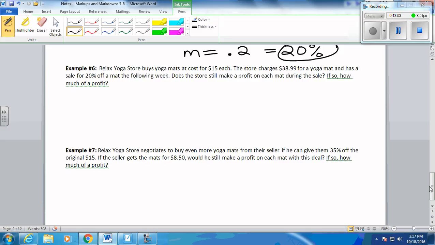So again, we talked about that if something is on sale for 20%, then you're actually going to pay 80% of the original. If we go back to our first set of notes on 3-1 talking about the percent equation, of the original meant we were multiplying by the original price. So if I use this y equals mx, which is the part equals percent times whole formula, I need to find out what the markdown's going to be. There are 2 things we can do here.